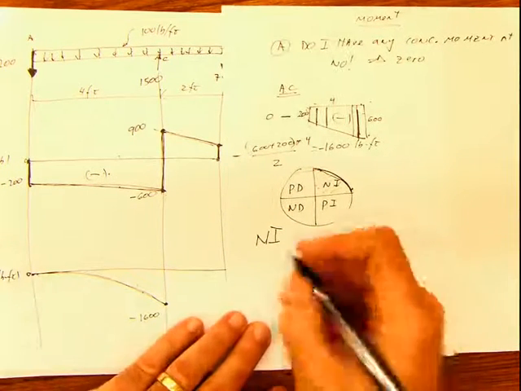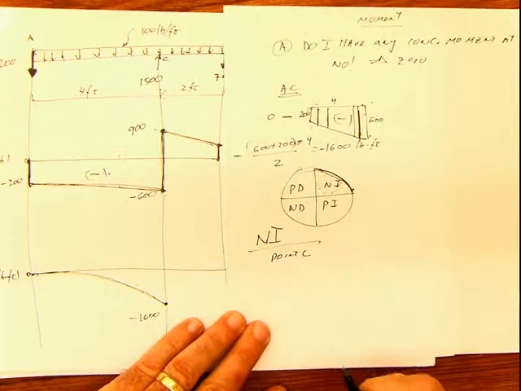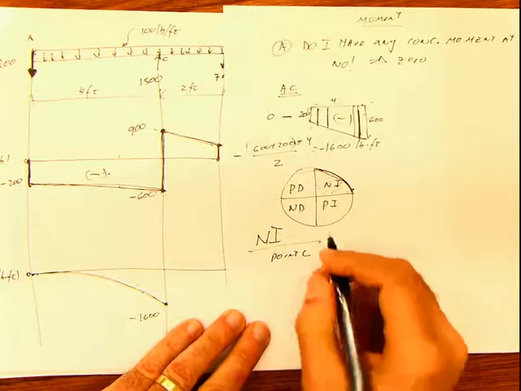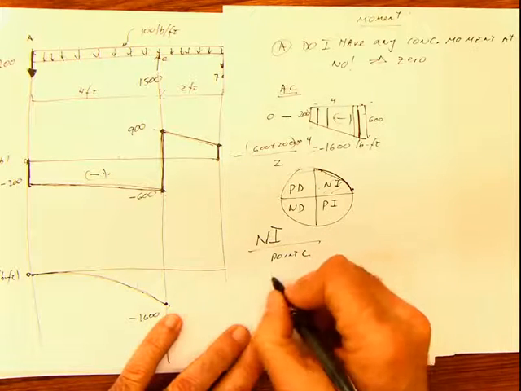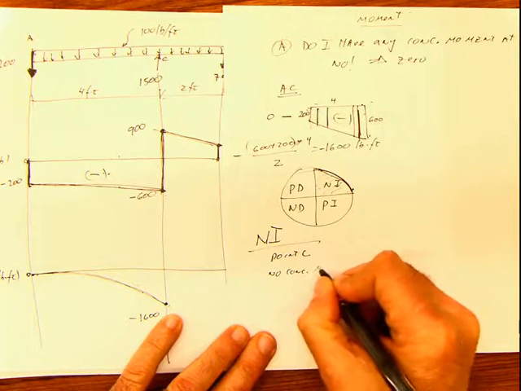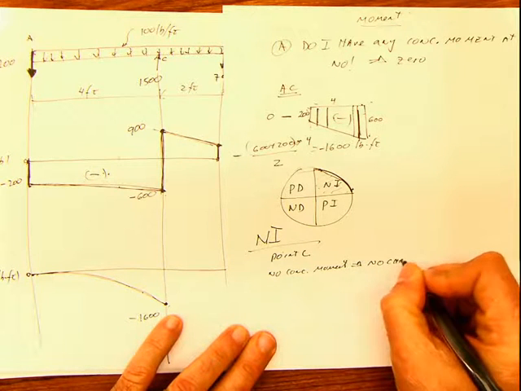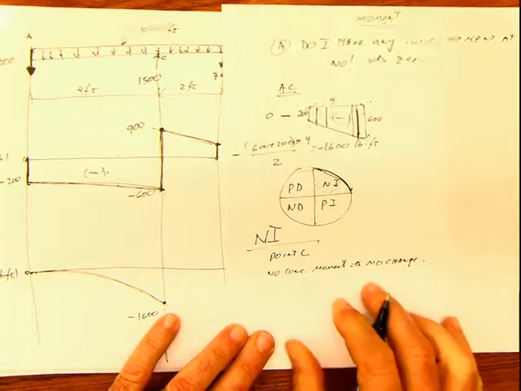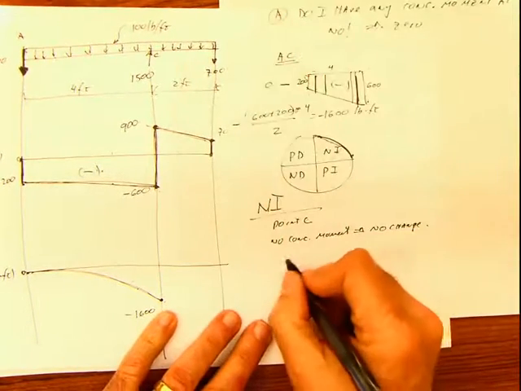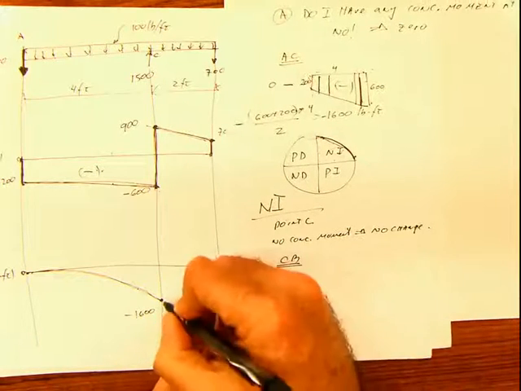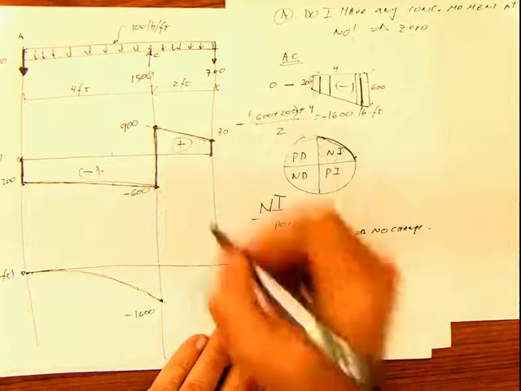Okay, now we go to the point C. Do you have any concentrated moment applied at C? No. No concentrated moment. No change. And now you go to CB. And in CB you find a negative moment of 1600 and a positive area.